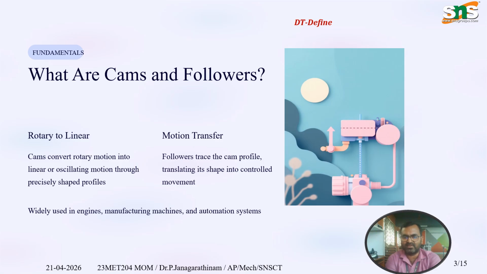So we give rotary motion, which is converted into linear motion. In motion transfer, the follower traces the cam profile, translating its shape into controlled movement, widely used in engines, manufacturing machines and automation systems. These are the different applications of cams and followers in mechanical engineering.